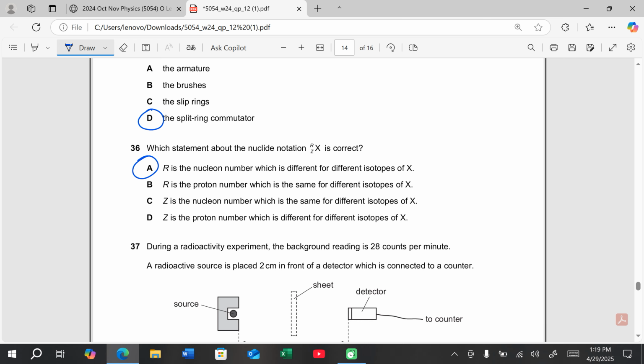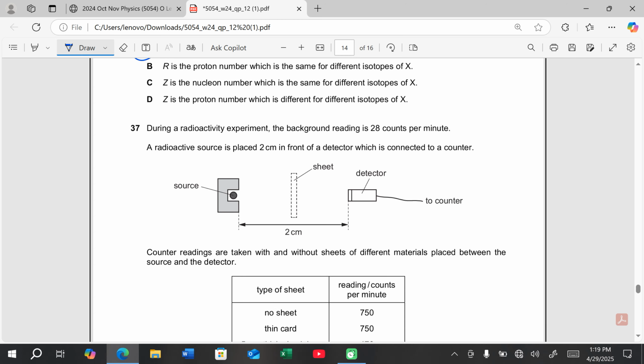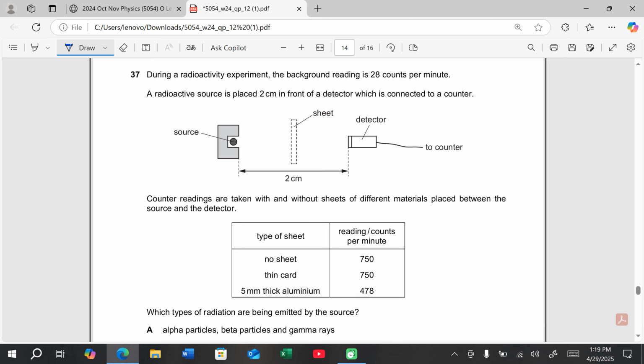Let's move on to 37. It says during a radioactivity experiment, a background reading is 28 counts per minute. A radioactive source is placed in front of a detector. See, he says the thin card gives 750, and with no sheet there was also 750.